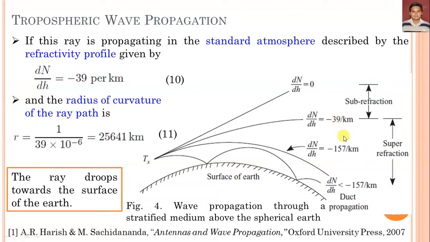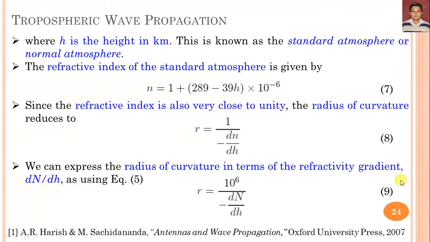If the gradient profile dN by dh has the value of minus 39 per kilometer, then this is the condition of standard atmosphere. We can calculate the radius of curvature of the ray path by putting dN by dh equal to minus 39 per kilometer in equation 9.